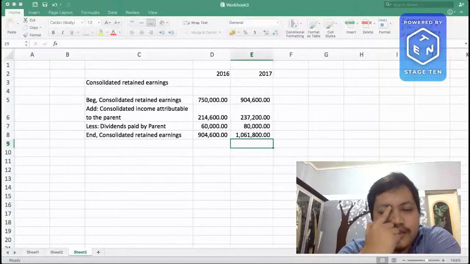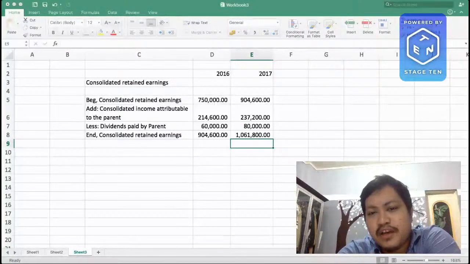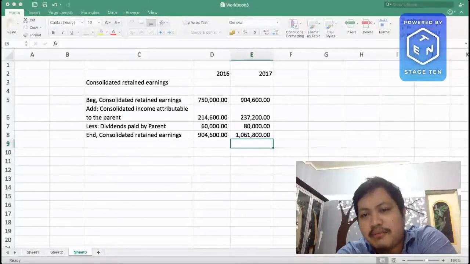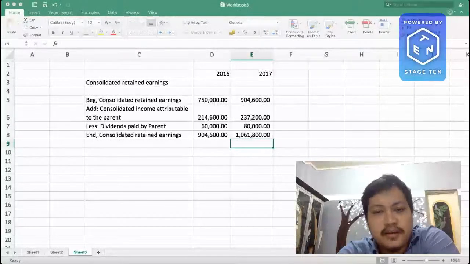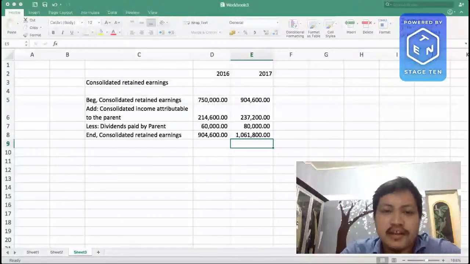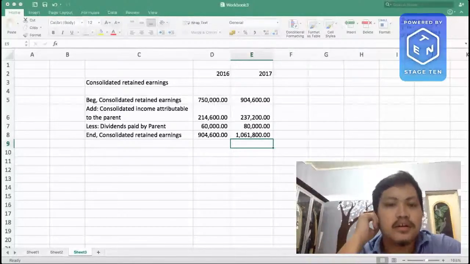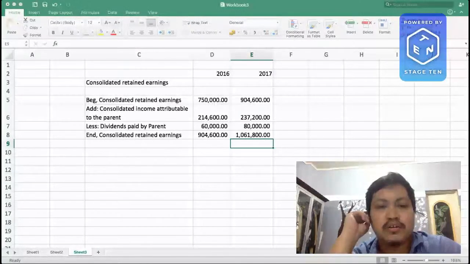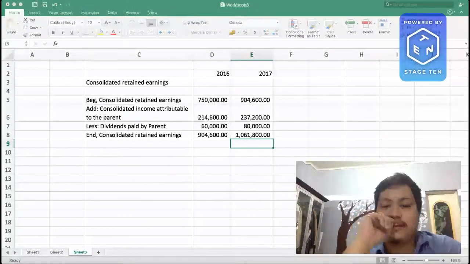Now, please take note, class, that the problem gives us the remaining useful life of the asset that has an excess, in which the fair value is greater than the book value. This would be relevant, class, in computing for the adjusted income of the subsidiary. Okay. So what does this tell us? That the fair value of the net assets is 250 plus 60, that would give us 310.